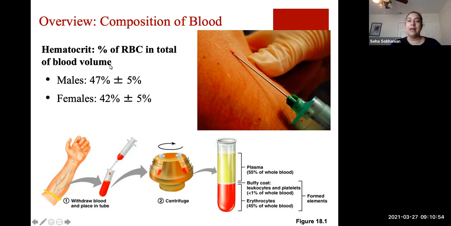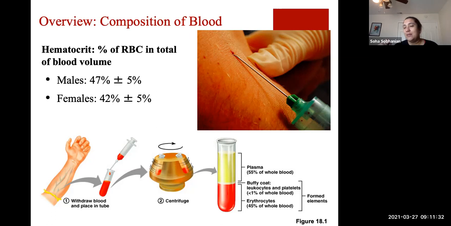And in males, that percentage is slightly higher than in females on average, again because they have more muscle mass, they have more blood compared to females. And that difference is also explained by the presence of testosterone. But on average, we're going to just say about 45% of a normal human blood will be red blood cells, or hematocrit.